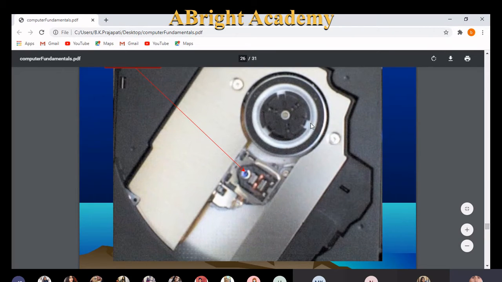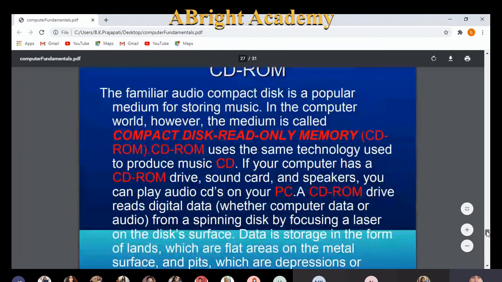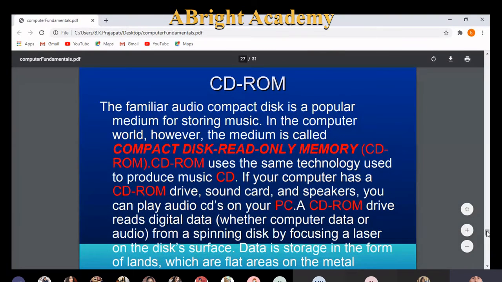In a laptop, you can easily see your CD drive, CD-ROM.